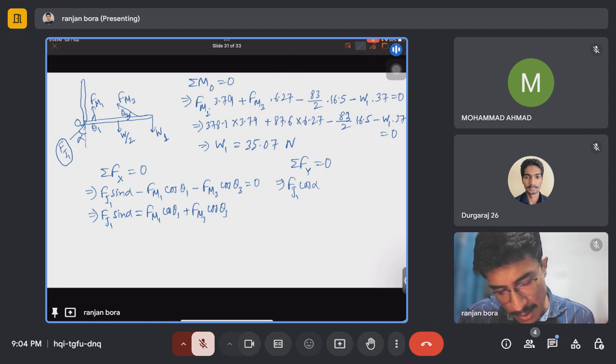It is acting vertically upward, and these components will also act vertically upward.